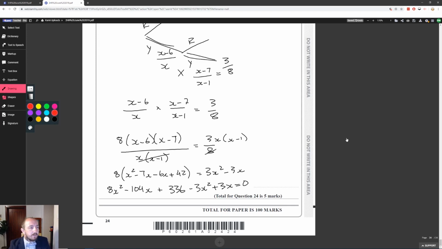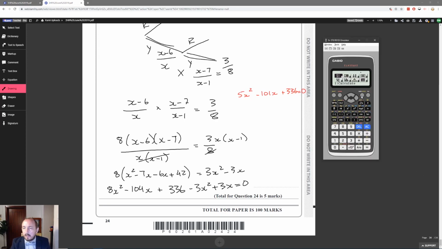So tidy this up. 8x squared minus 3x squared is 5x squared, minus 104x plus 3x is minus 101x, and then plus 336 equals 0. So hopefully that will factorize.